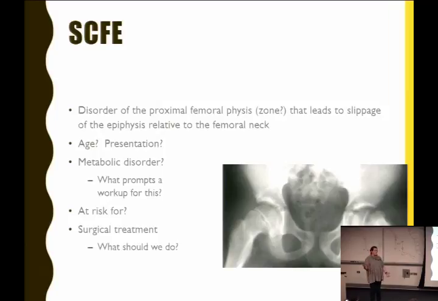So if they're younger than a young teenager, like if you came in and you were 8 and you had a slip, something's wrong. 8-year-olds should not get slips. What else would cause me to think this is not normal? Say that again? So that's one of the potential abnormal causes of a slip.